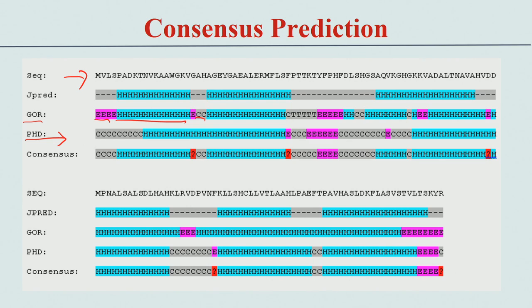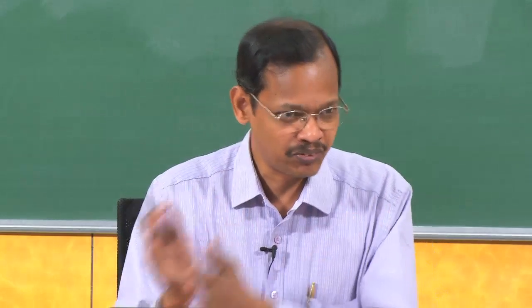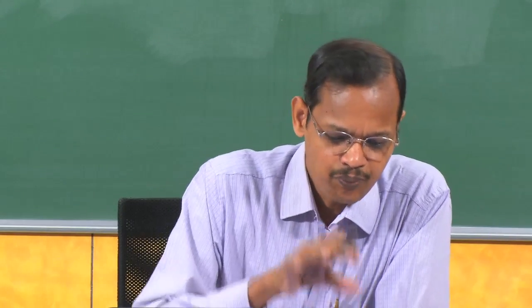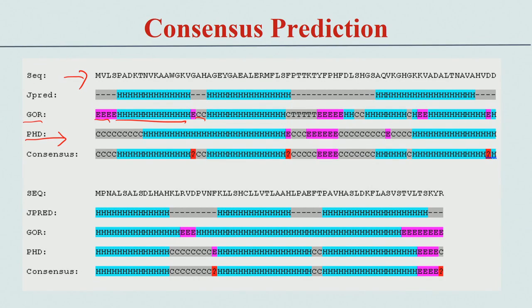Here, for example, I show only 3 methods. Currently several methods are available and you can use as many methods as possible depending upon the performance, and then see whether there is any consensus. For example, for this region, all the methods predict helix. So, there is no conflict, and you can use this region as helix.